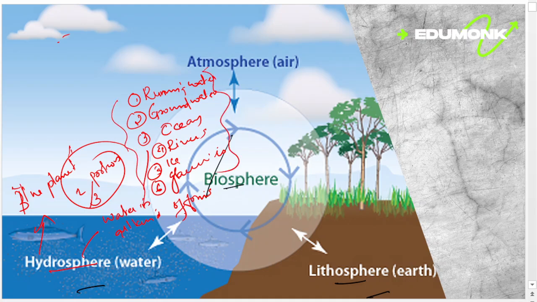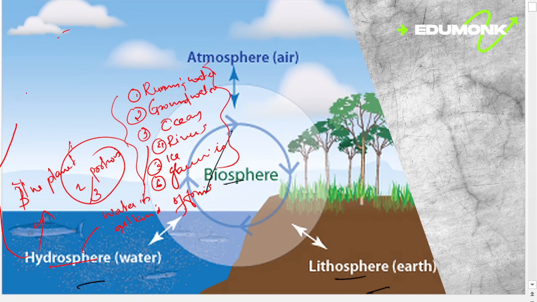All these kinds of water resources are part of the hydrosphere. 97% of earth's water is found in the oceans.